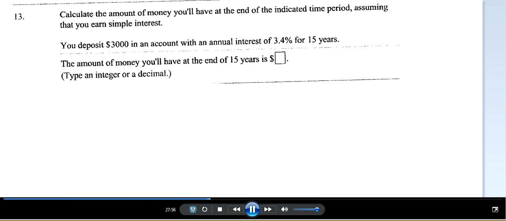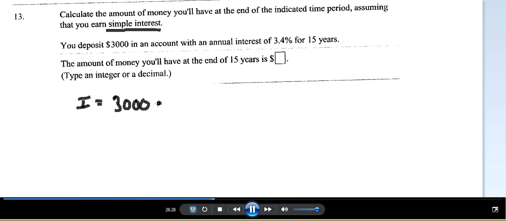Okay, another. Calculate the amount of money you'll have at the end of the indicated time period, assuming that you earn simple interest. Again, there's the simple interest formula. So I've got the interest equals, so you deposit $3,000 in the account, that's the principal, with an annual interest rate of 3.4%.